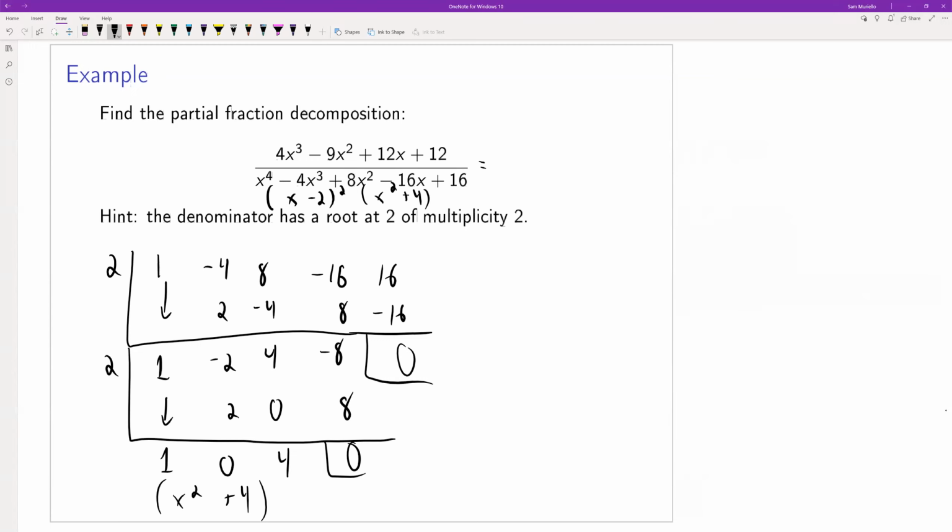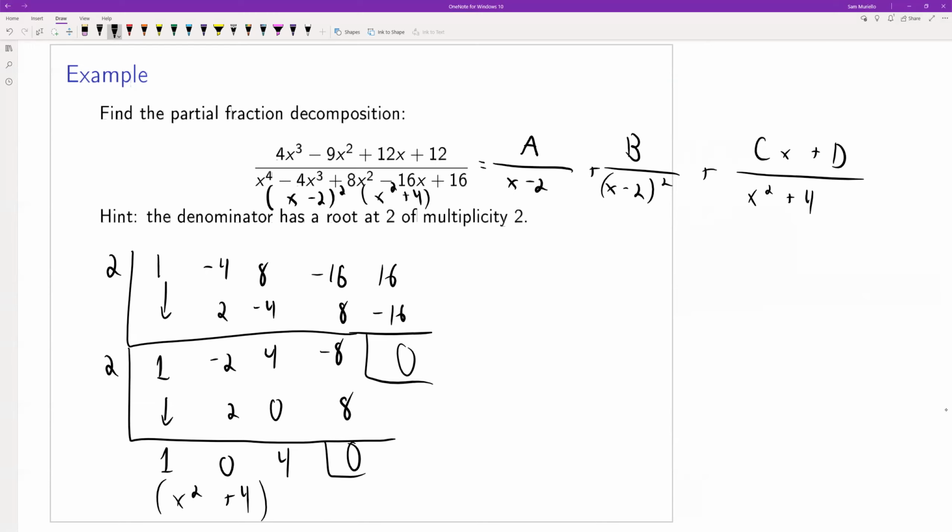We're going to concern ourselves only with real values, and it does not reduce any further if we're just concerning ourselves with the reals. As a result, this is what we will be looking for: A over (x minus 2) plus B over (x minus 2) squared plus, since our third denominator has a quadratic, we'll need Cx plus D as our possibilities.